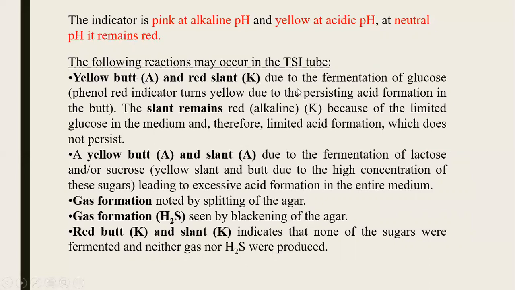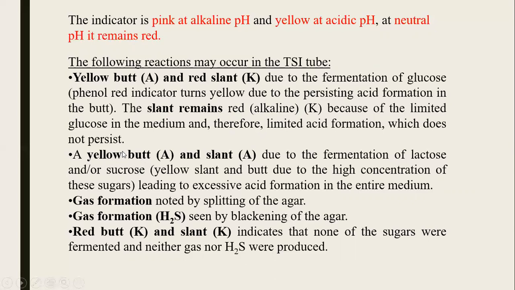That indicates that due to the fermentation of glucose, the phenol red indicator turns yellow due to the persisting acid formation in the butt. The slant remains red due to alkaline nature because of limited glucose in the medium and therefore limited acid formation which does not persist. So the alkalinity of the medium makes it remain red.